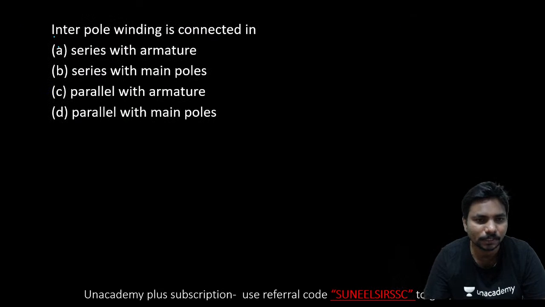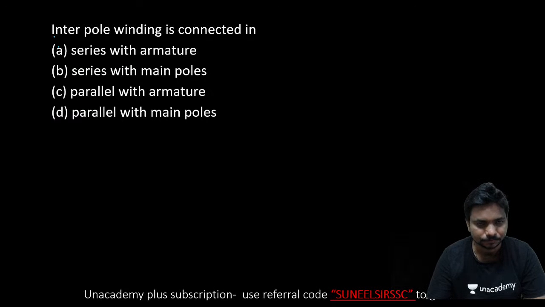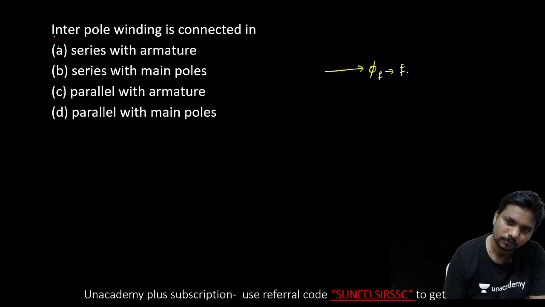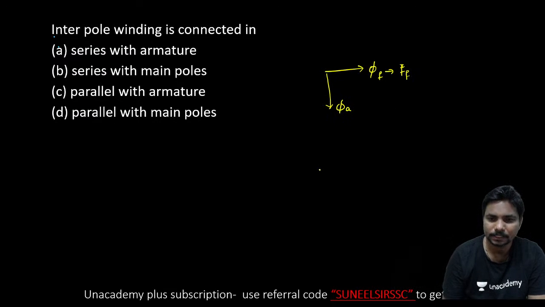Coming to the next one: interpole winding is connected in dash. Here, if the main field flux is like this, the main field MMF is in the same direction, and if the armature flux is quadrature, then we get the cross magnetization effect.